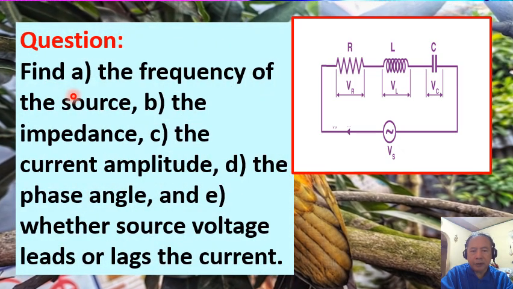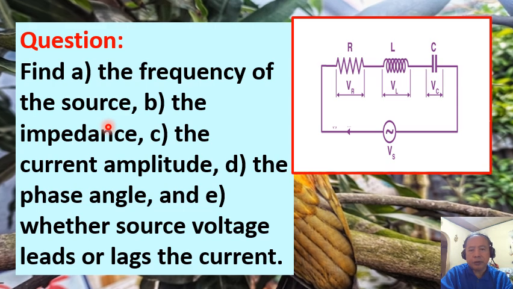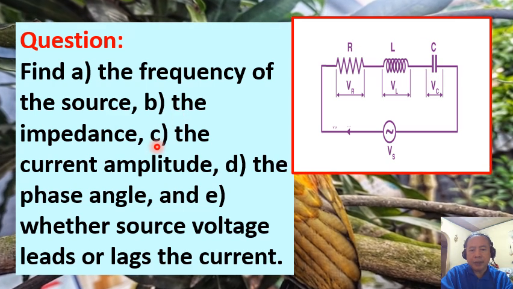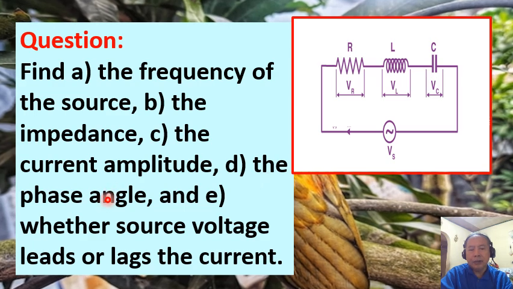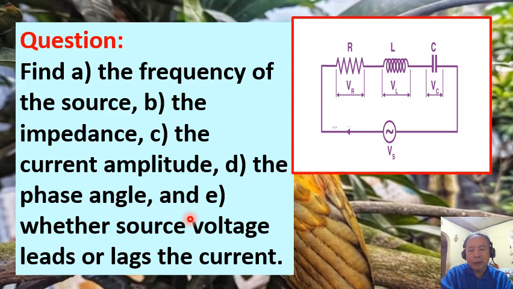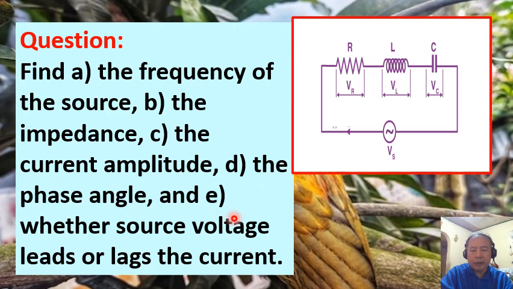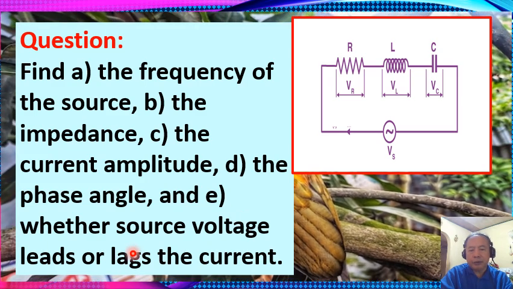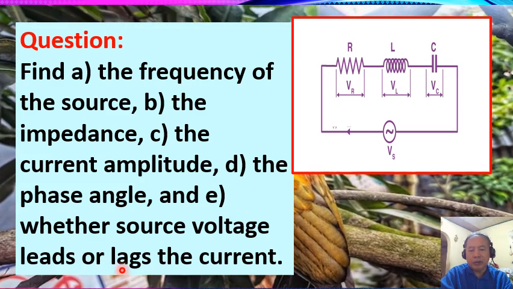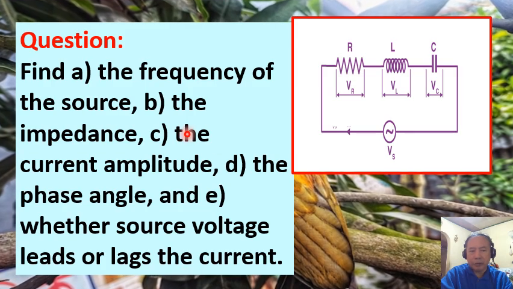Find letter A, the frequency of the source, letter B, the impedance, letter C, the current amplitude, letter D, the phase angle, and letter E, determine whether the source voltage leads or lags the current.